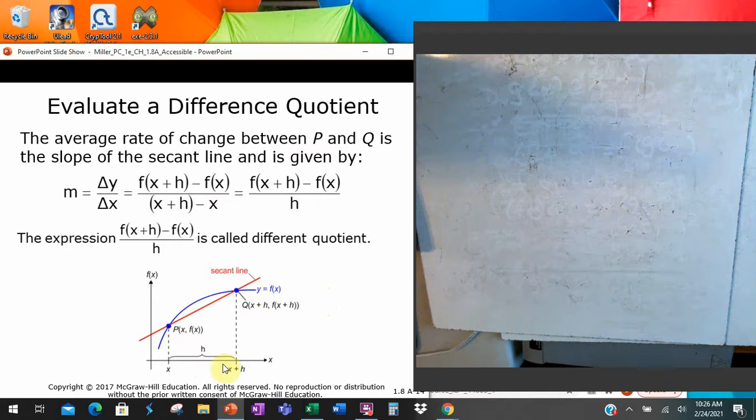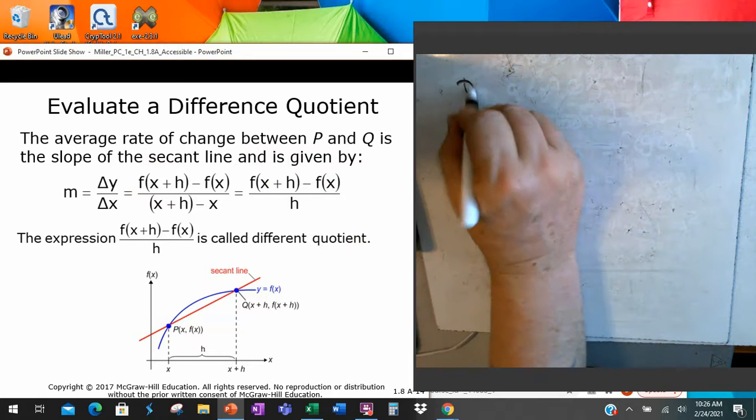That's how far over we've moved. The function value has now increased to f of x plus h, and I subtract off the original height to give me that delta height, or the delta y. This is the composition stuff, and here's basically my composition. Wherever you saw that x, put x plus h. So this thing is called the difference quotient.